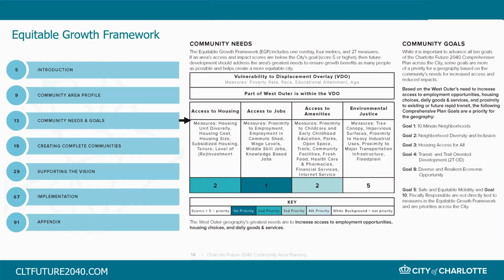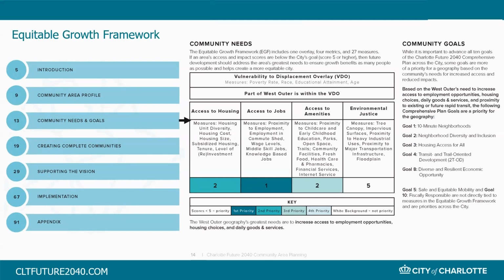Needs are focused on increasing access to employment opportunities, access to housing options, and daily goods and services while reducing environmental impacts. The plans focused on these four metrics because they are metrics identified in the comprehensive plan as paramount for ensuring future growth benefits as many people as possible.